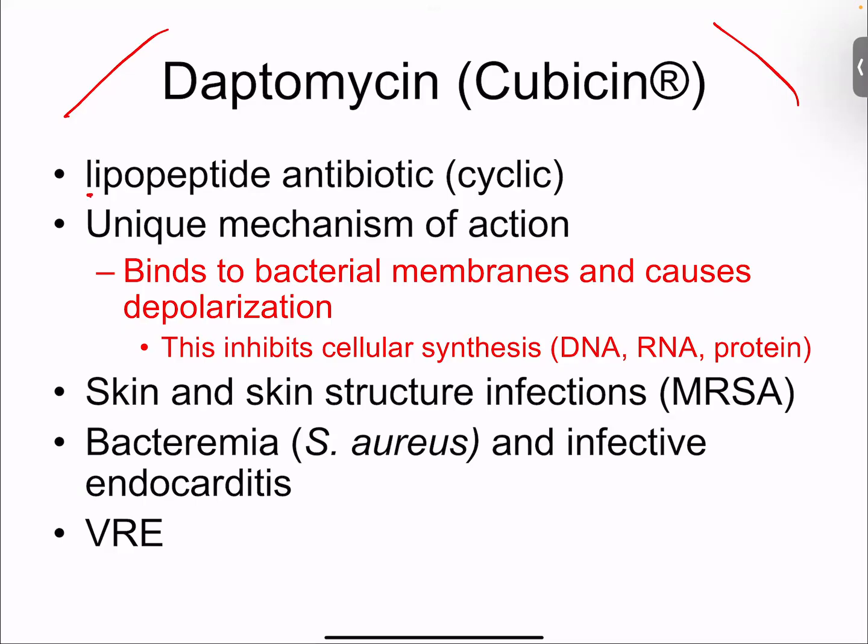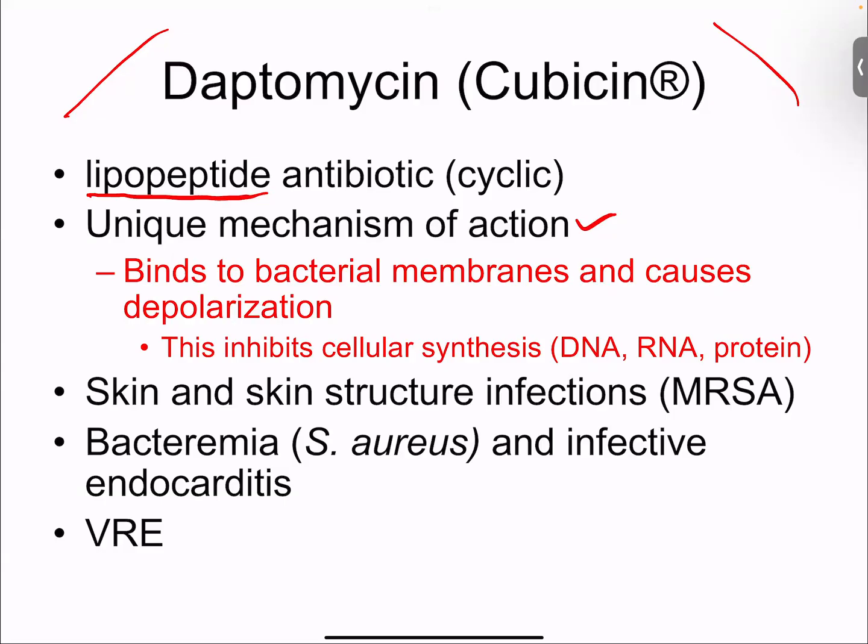Daptomycin is a lipopeptide. Right? It's a cyclic molecule that is lipophilic in nature. Right? And mechanistically, what has been discovered is that this lipopeptide has the ability to bind to bacterial cell walls, sort of aggregate with itself and generate or poke holes in the bacterial cell membrane.